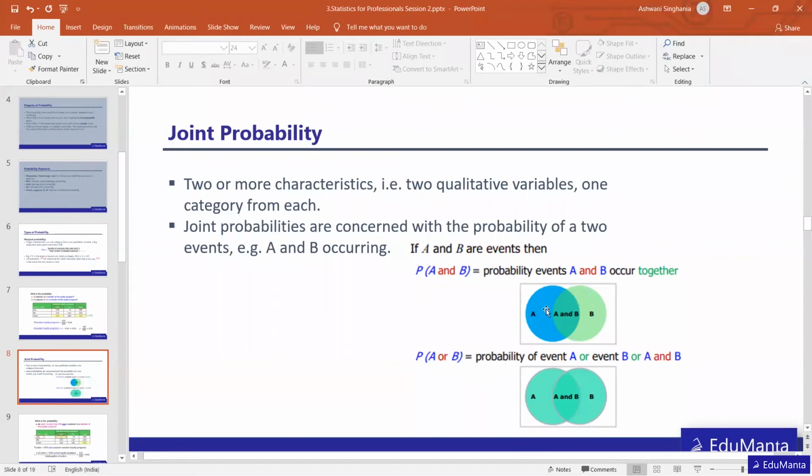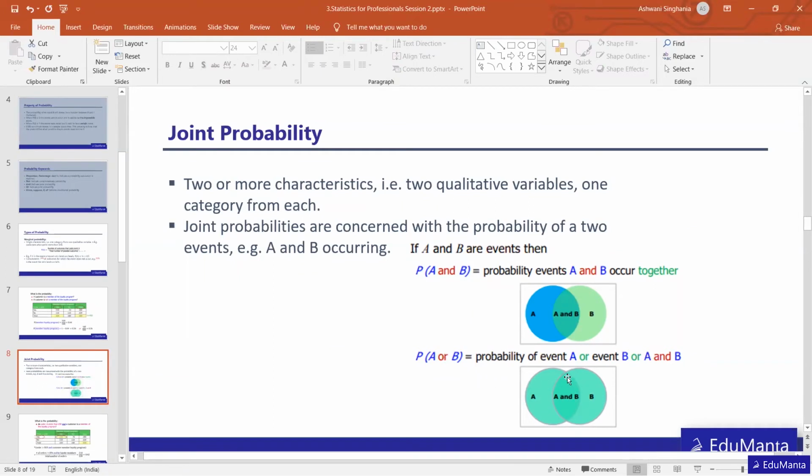A and B means the whole sample space of A, the whole sample space of B, and also the intersection part, whereas A or B represents either A or B. A and B represents that part that contains both A as well as B, the overlapping part, the 'and' part.